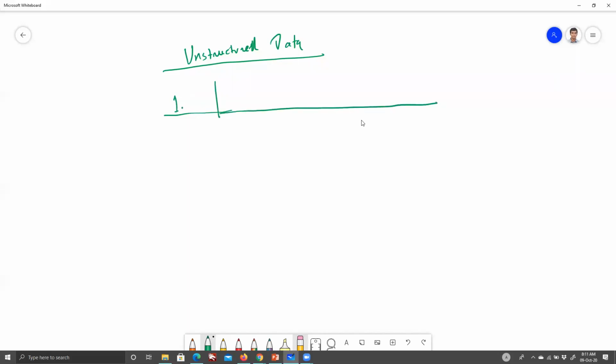Okay, so now I start with unstructured data. Now, let's say I give you the row number, but then I provide you in another column a text. So again, this could be a file, this could be a website where we might be scraping all the data from.